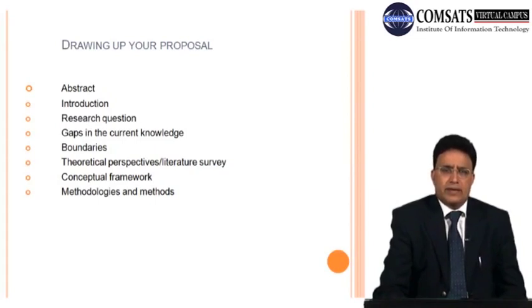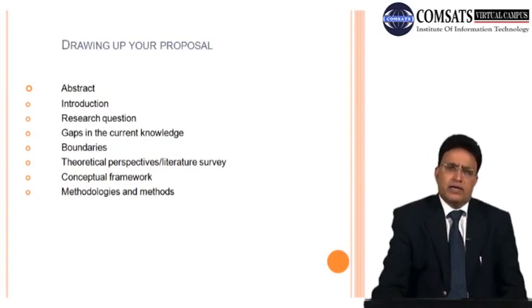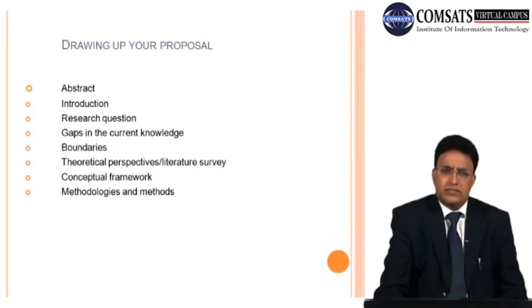So what is an abstract? An abstract is a gist, a summary of what the research is about. It usually consists of one paragraph which tells you what has been done, how it has been done, what are the findings, and what the research suggests.